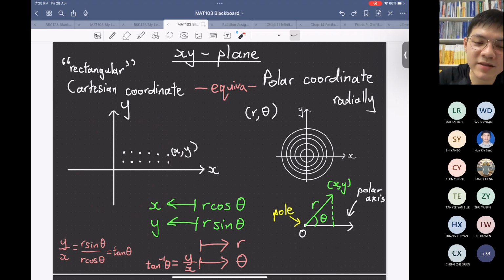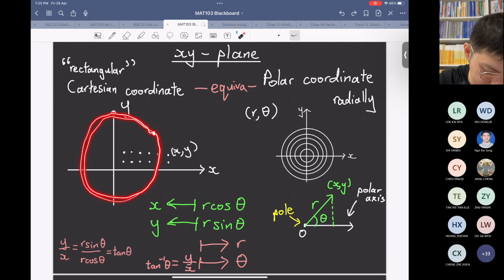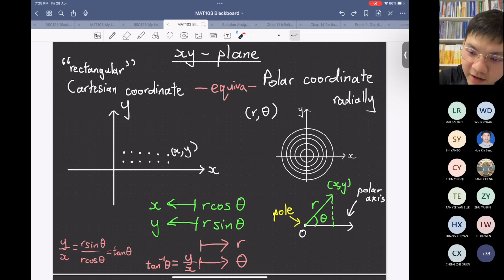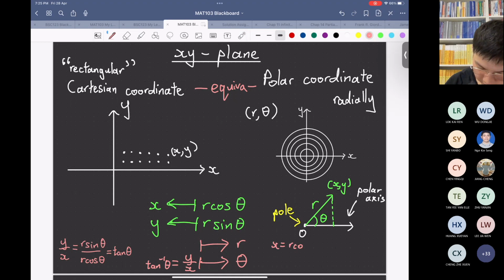You need to be able to see this before this section will make sense to you. Given a point in xy, determine a circle that it has to lie on. Radius of r, good. So your x is equal to r cos theta, y is equal to r sine theta, right?